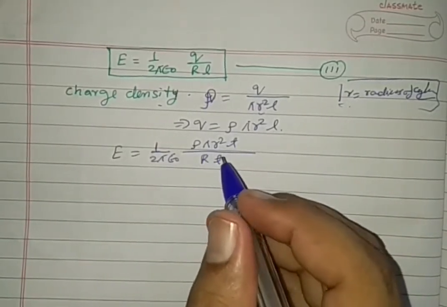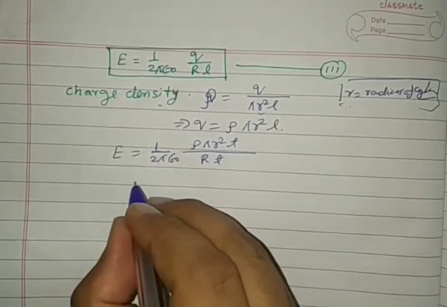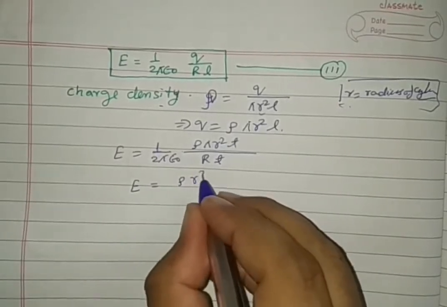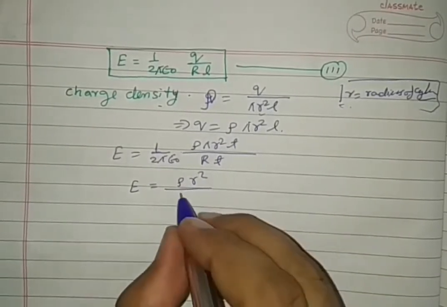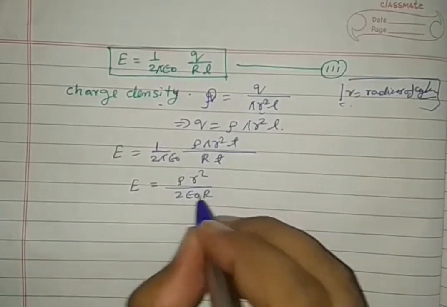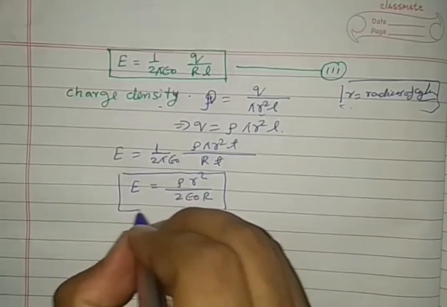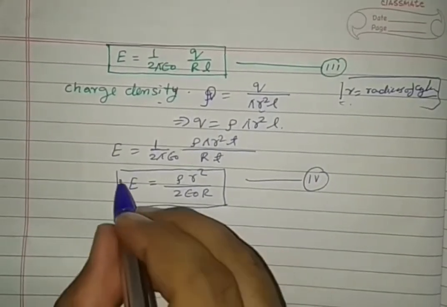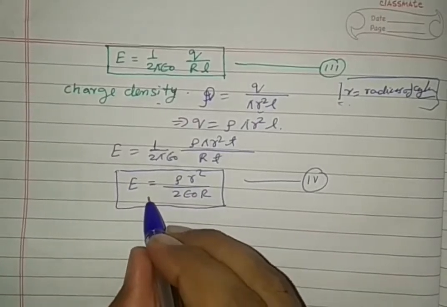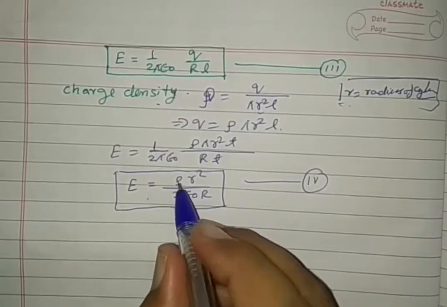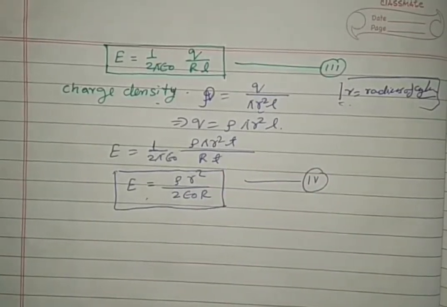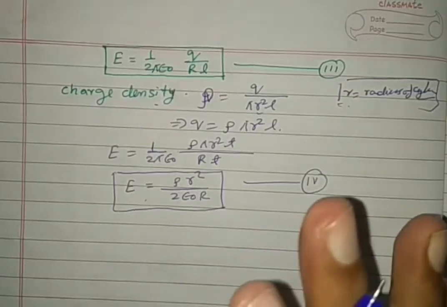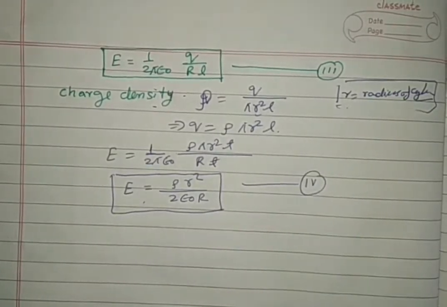So in this term, the total electric field E can be given by the formula rho r square by 2 epsilon 0 R. It is the electric field intensity, the formula of electric field intensity in terms of charge density outside the uniformly distributed charge on an infinitely long cylinder.